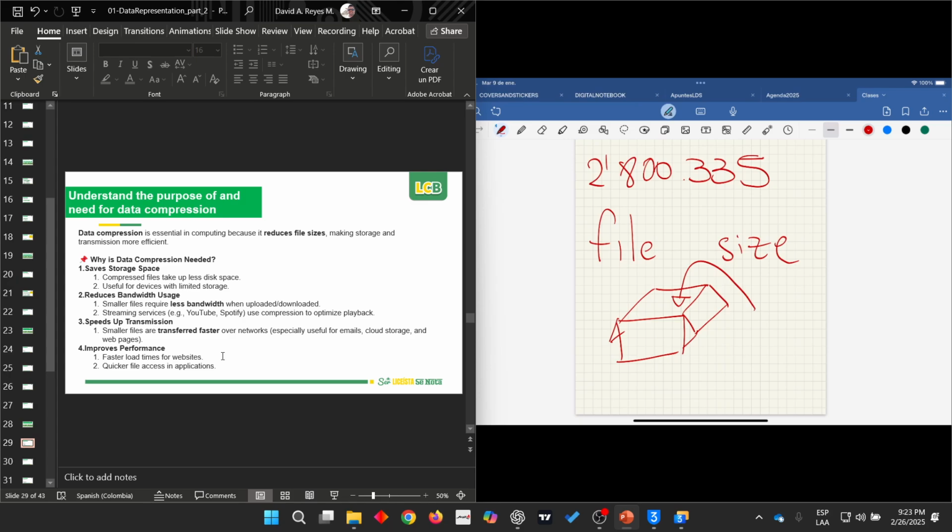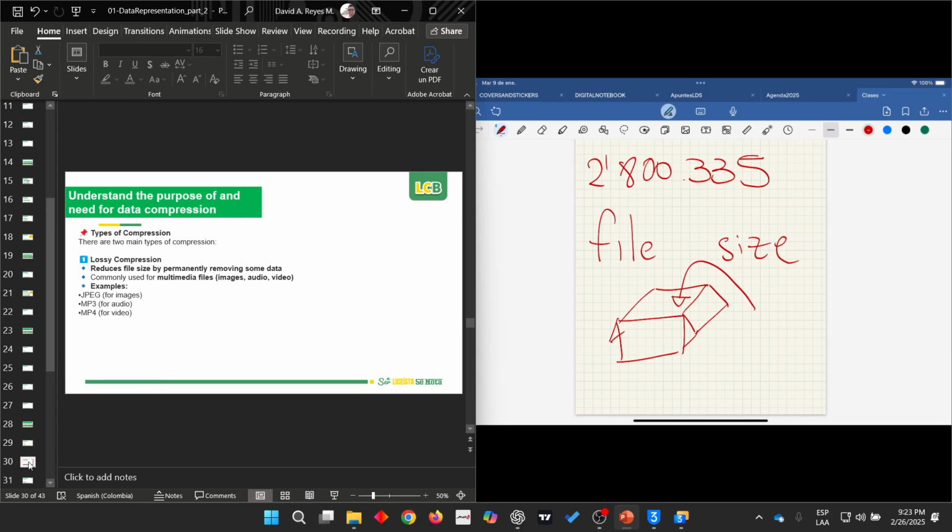And if you are using, for example, Teams, and you need to upload an activity, if your activity is so big, the time for uploading and the time that Teams is going to use for accessing those files is going to be longer. So if you compress the files, the access to that file is going to be faster.